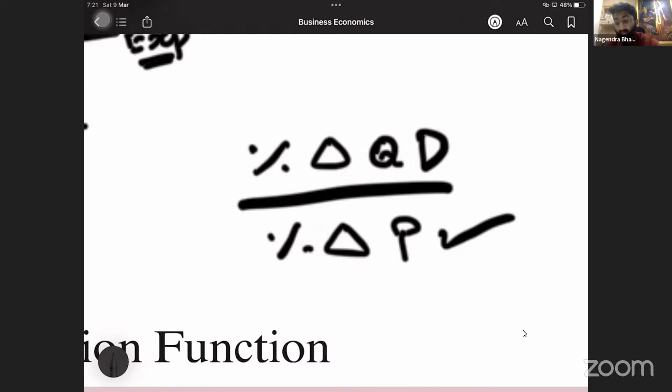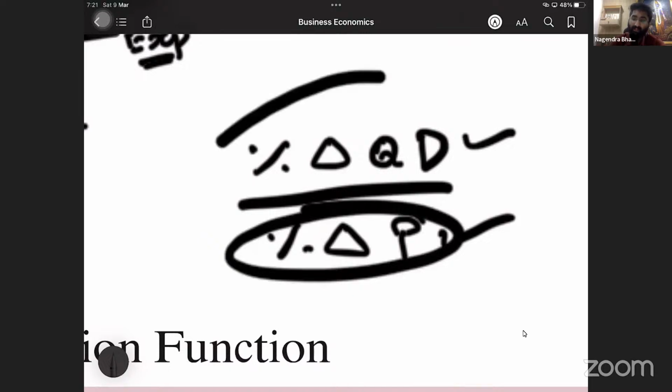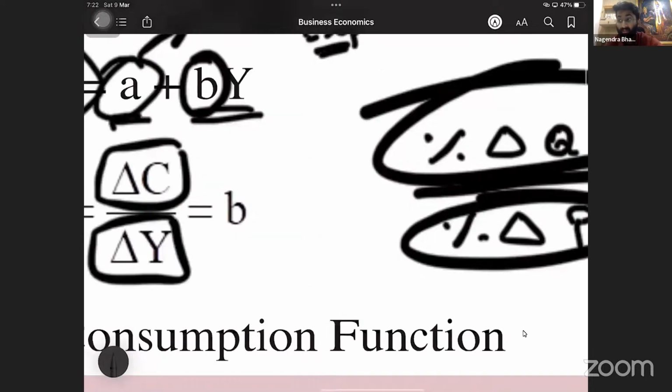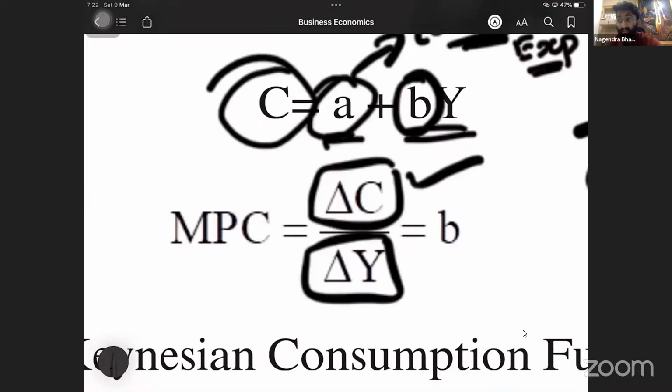Demand is dependent. As and when price changes, demand changes. The numerator is dependent, the denominator is independent. It is the same way even here. The numerator is dependent on the denominator. As and when your income changes, consumption starts changing.